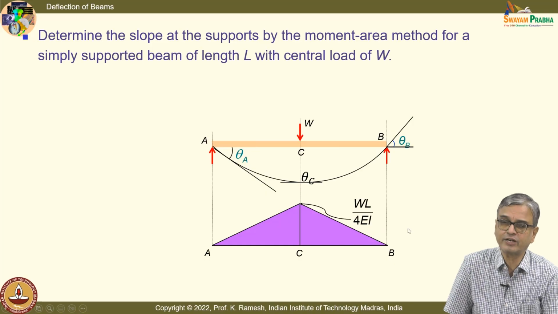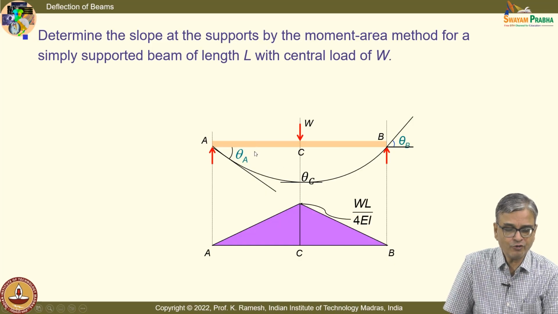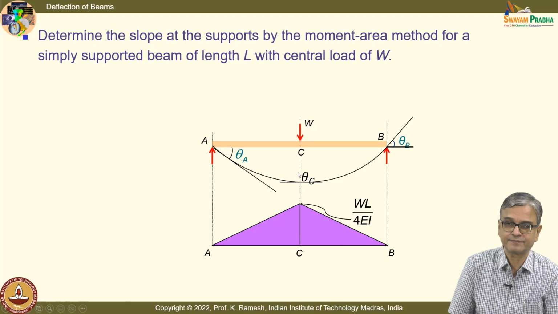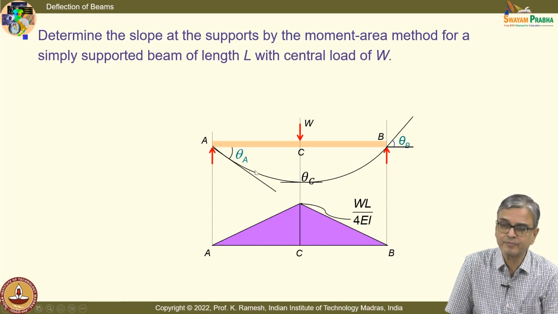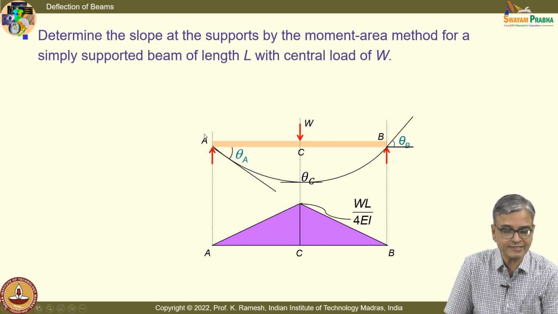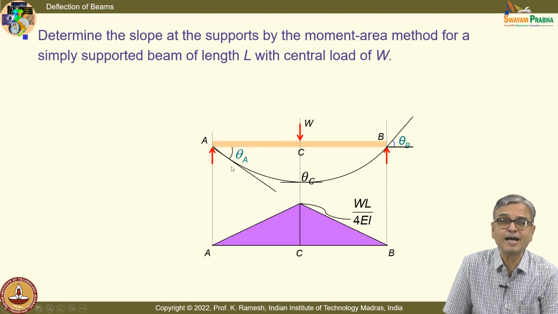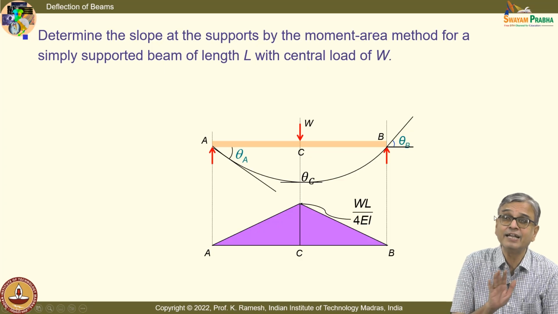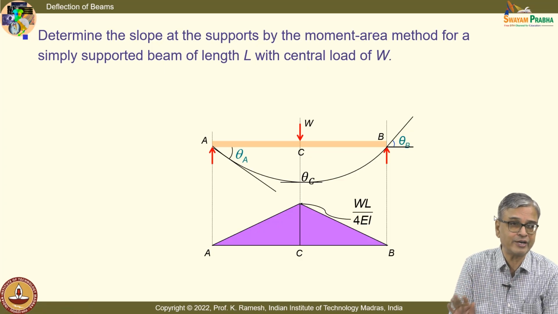So, I know the essential quantities. Fine. So, I have to find out what is the slope here and what is the deflection here. That is the focus. How do I go and find out? I can find out this slope based on my moment area method, because if I take the points of interest as A and C, because the slope at C is 0, in one shot I can get the absolute slope theta A, because the area gives only the difference in slope, it does not give the absolute value.